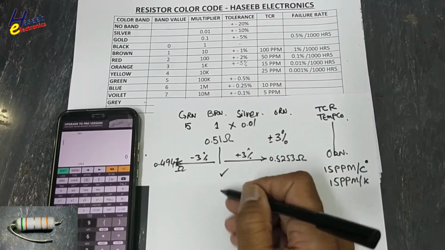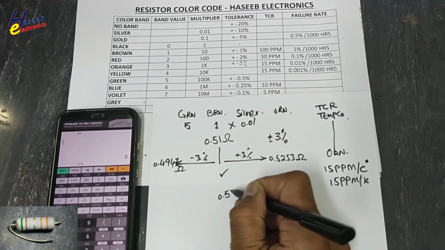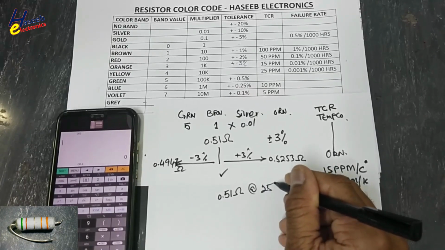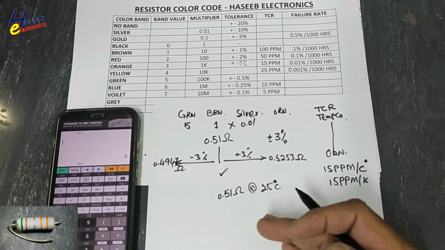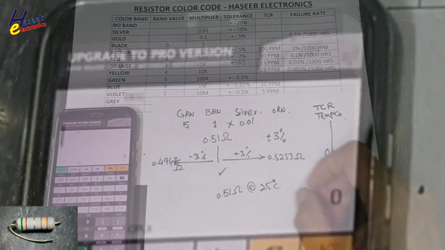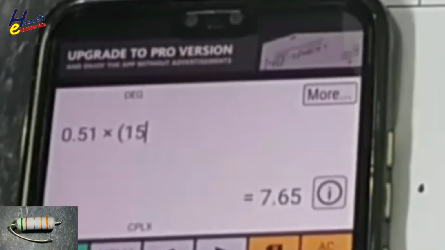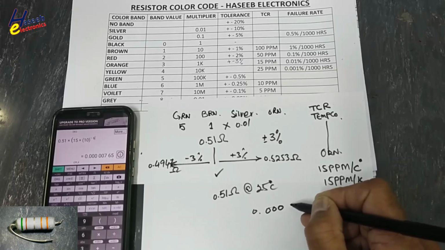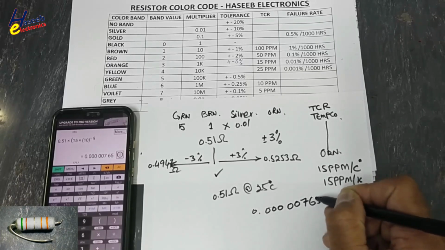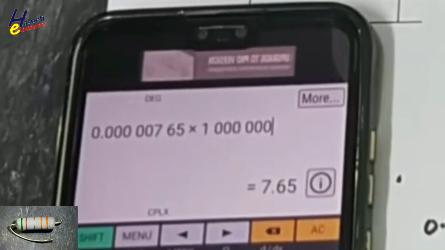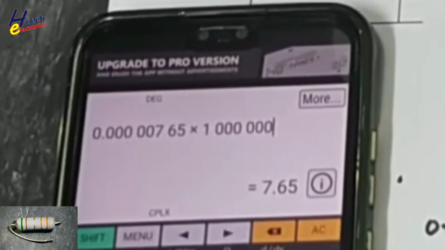If resistor value is 0.51 ohm at 25 degrees Celsius, if temperature will increase 1 degree Celsius, what is the expected change? 0.51 times 15 times 10 raised to power minus 6, 0.0000765 ohms or 7.65 micro ohm.